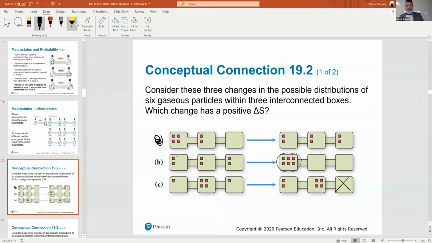So in this scenario, you have the largest amount of entropy. The more microstates, the more entropy you have.